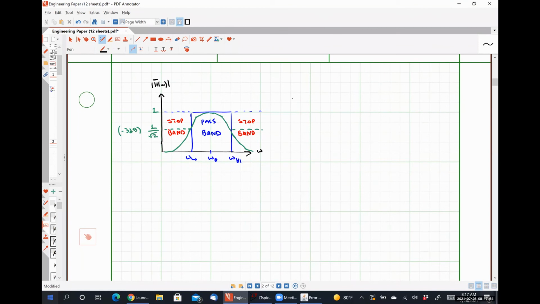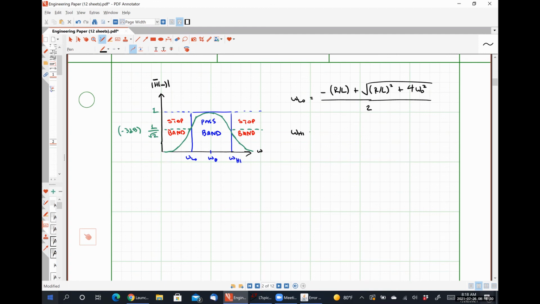okay? So omega low for this series RLC circuit will be negative R over L plus the square root of (R over L) squared plus 4 omega naught squared. I'll tell you what omega naught is in just a second. Divided by 2.